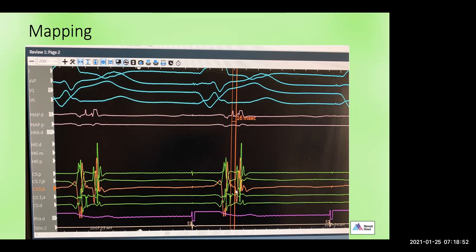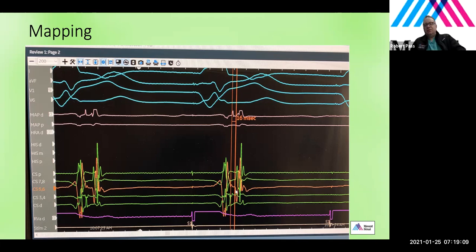I think the benefit would be that when we ablate it, we lose the tachycardia as we lose the pathway. However, I think catheter stability is difficult. Why is catheter stability difficult?